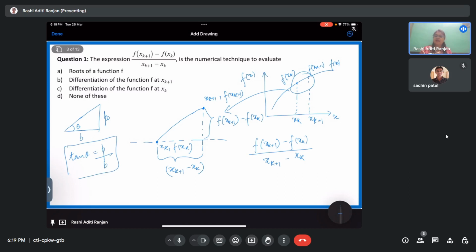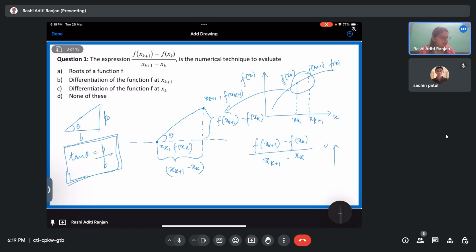And that is essentially my slope, right? When I compute the differentiation of a function, I essentially compute its slope only, no? If I am finding the slope at this point, let us say the angle is theta, then whatever tan theta I'm getting is my slope, or the differentiation of that function.